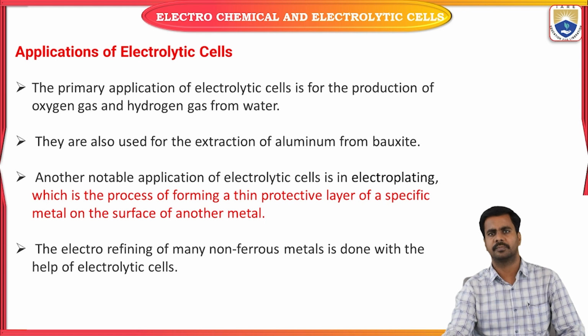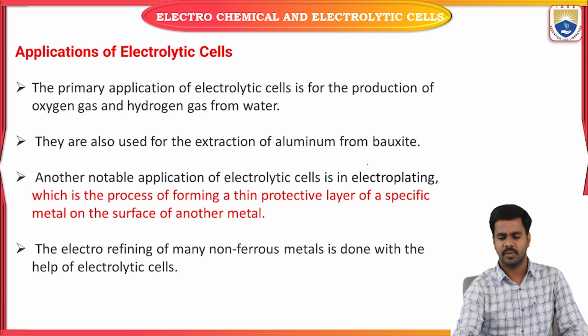Coming to the applications. What are the major applications of the electrolytic cell? The important and major application is the production of oxygen gas and hydrogen gas from water. They are also used for extraction of aluminum from bauxite.